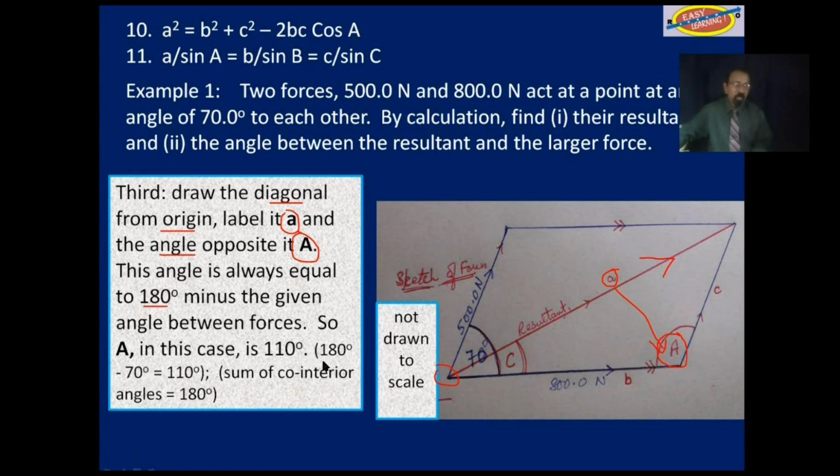In this case, it will be 180 minus 70, so we get 110 degrees.